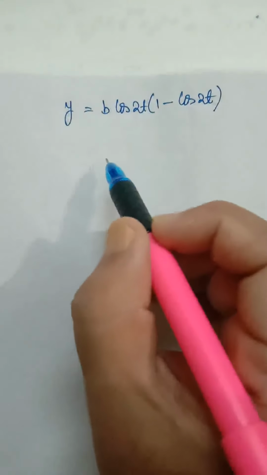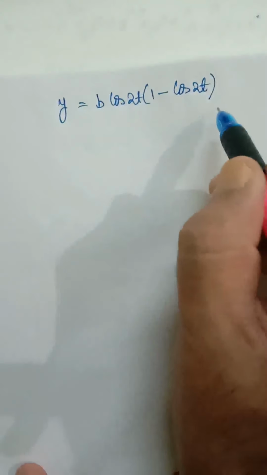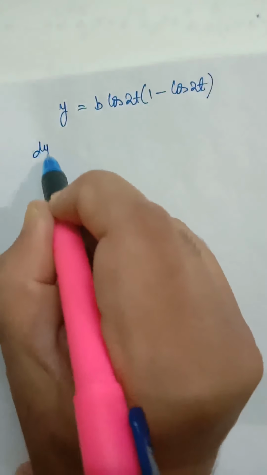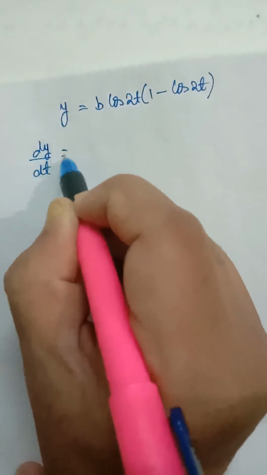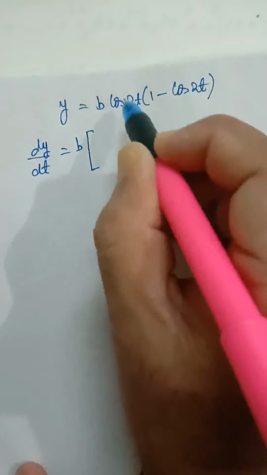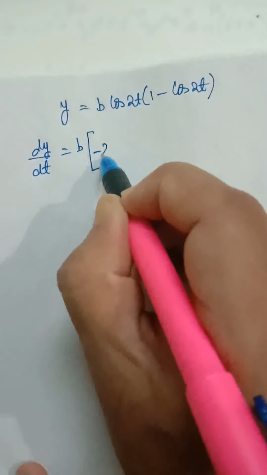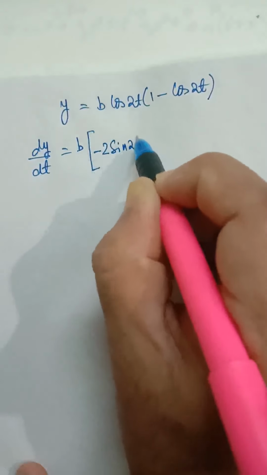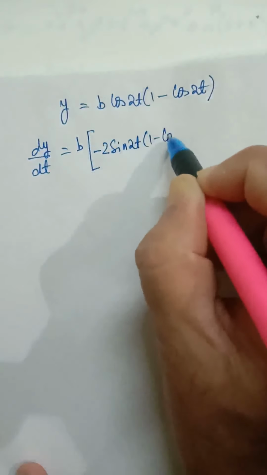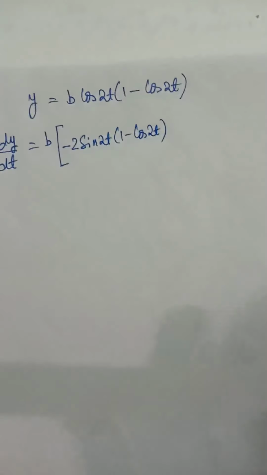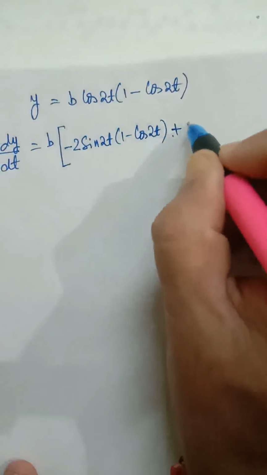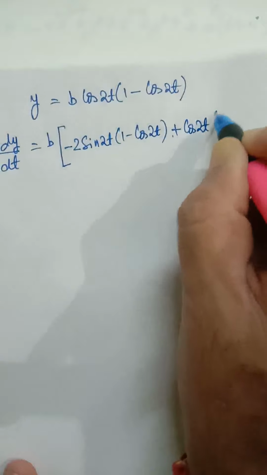Now y equal to b cos 2t into 1 minus cos 2t. We will find dy by dt. b is constant, b into derivative of cos 2t, which is minus of 2 sin 2t, into 1 minus cos 2t unchanged, plus cos 2t unchanged into derivative of 1 minus cos 2t.